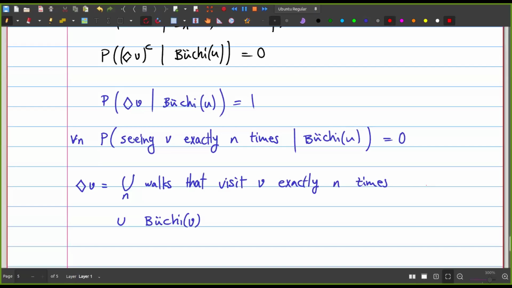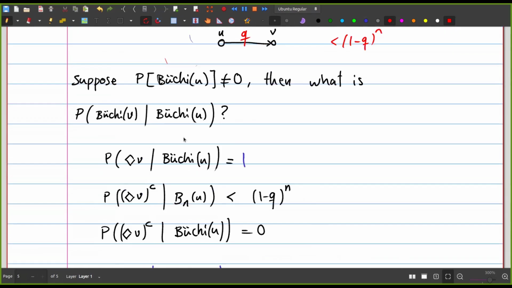Now, I've just shown that the probability of all of these things is 0. And I've shown that this one has a probability of 1. So this one must have a probability of 1 as well. Okay. And again, all of these are conditioned on Büchi of U. So I just proved that this probability has to be 1.